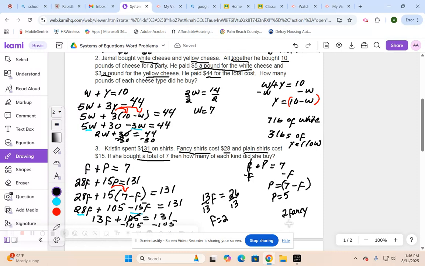So that means she bought 5 plain. So that's our answer. And let's just check. 2 plus 5 is 7. 28 times 2 is 56, plus 15 times 5 is 75, and 75 and 56 is 131.